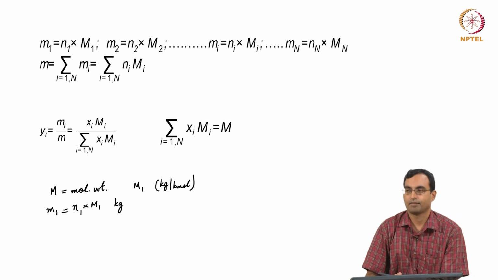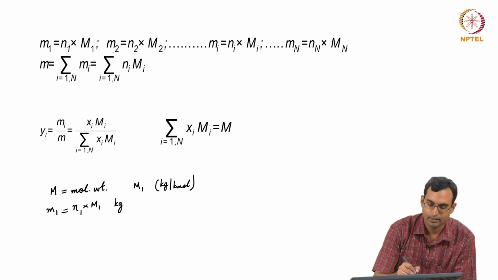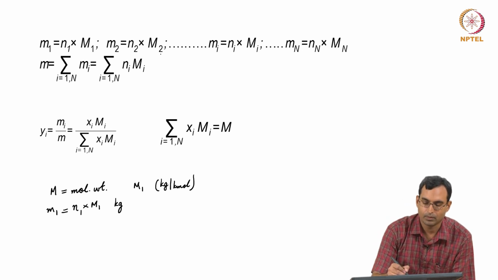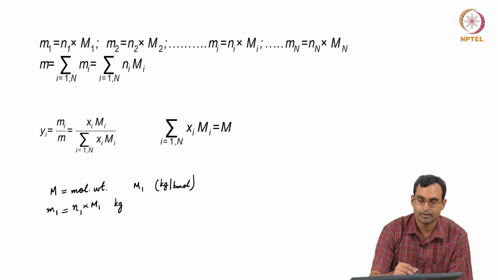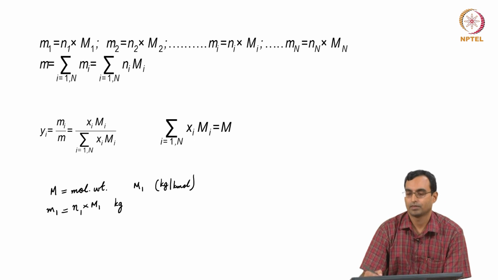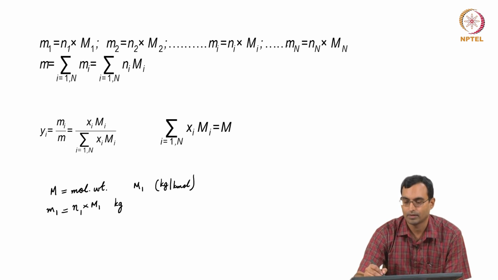So, what I see is that if I multiply the number of moles into the molecular weight, I get the mass. Similarly, for a second species, if I multiply n2 into capital M2, I get this and so on. So, for the nth species, if I multiply number of moles into the molecular weight of the nth species, I would get the mass of the nth species.